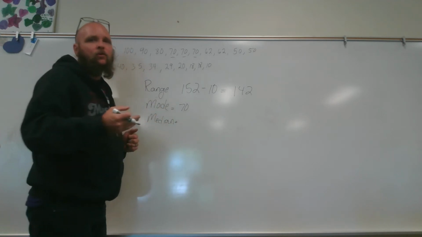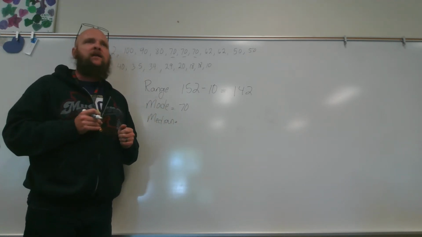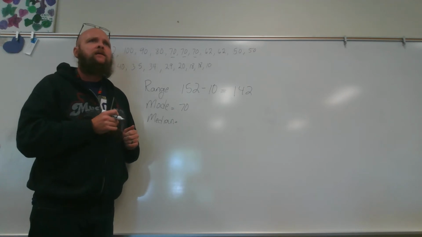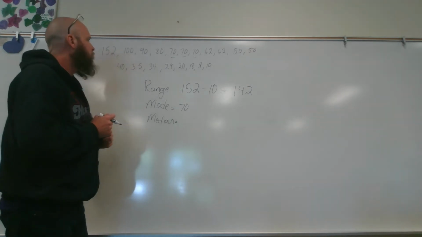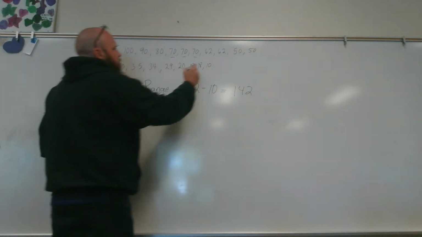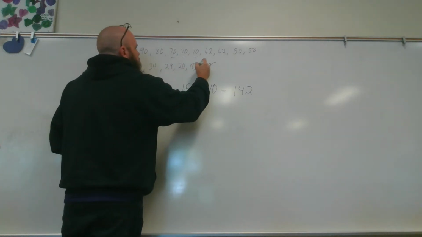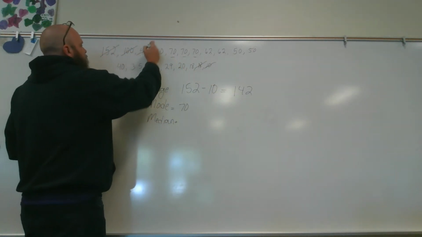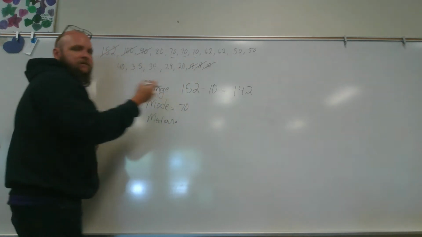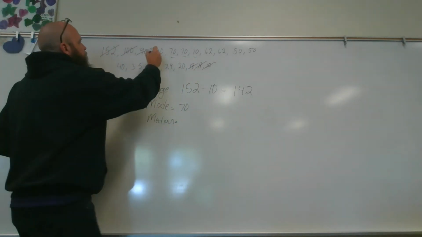The median. Now, watching some of you work this out on your paper, you were just looking at it, lost on how to do it. Which actually is very easy. I cross off the largest, then the smallest. The next largest, the next smallest. The next largest, the next smallest. And I'm going to keep going until I get to the number in the middle.